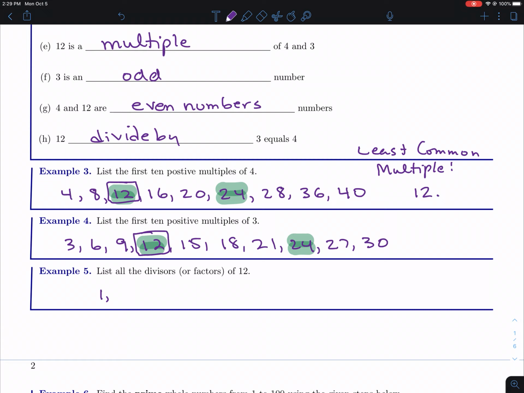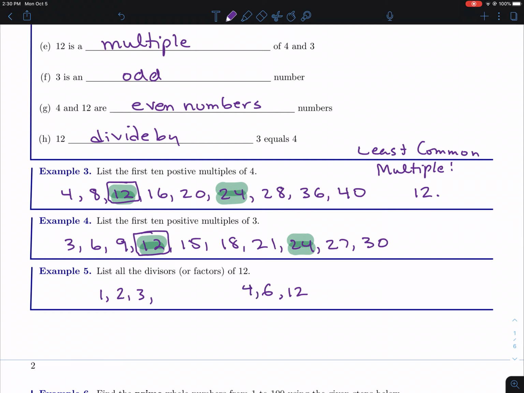But the thing that pairs up with 1 in this case would be 12, because 12 divided by 1 gives us 12, or 1 times 12 gives us 12. So we're always thinking about that kind of multiplication. So in this case, since 12 is even, we know 2 goes into it, and the thing that goes with it would be the 6, because 2 times 6 gives us 12. And then finally, 3 goes into it, and 3 times 4 gives us 12, so 4 would be our other one.